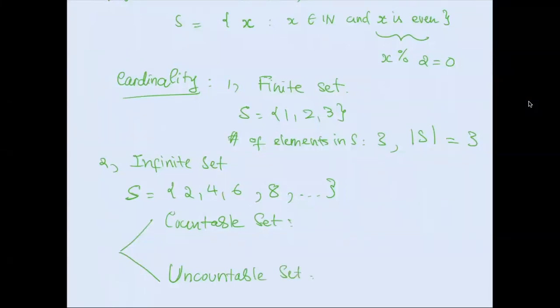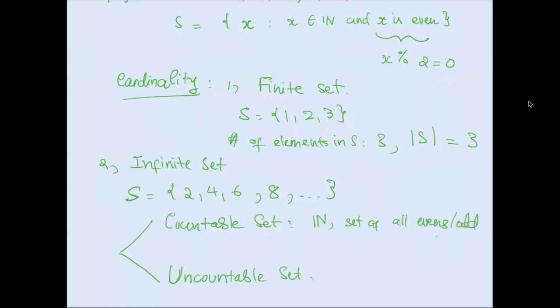So what is a countable set? A countable set is something like the set of natural numbers, the set of all even or odd numbers, or the set of rational numbers. Those are the most common countable infinite sets.